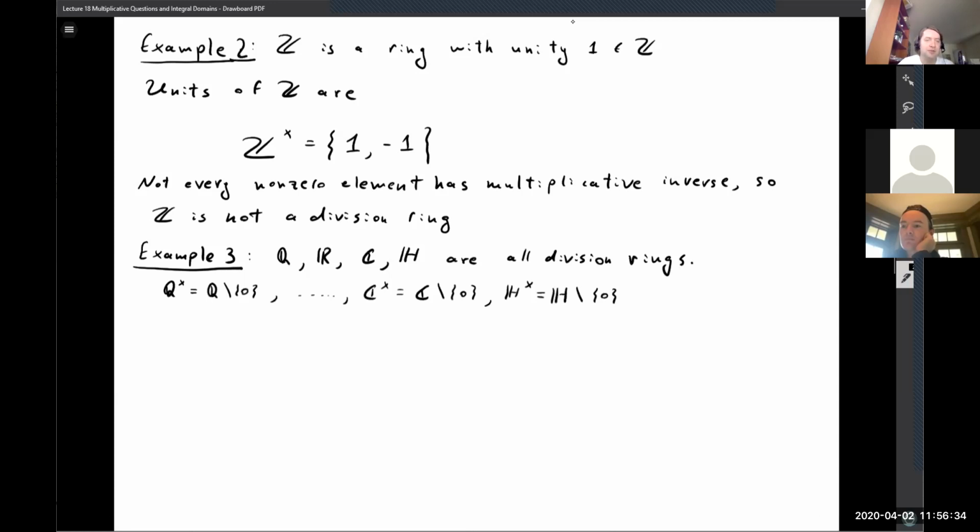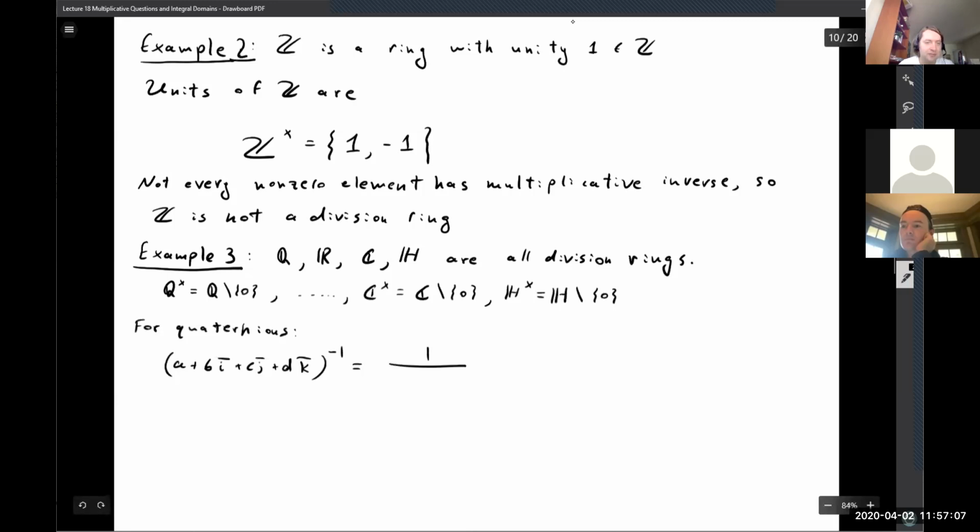So for the first 3 examples, it's kind of obvious. Let me look at quaternions. So suppose we have a plus b times i plus c times j plus d times k, then it will have a multiplicative inverse, which can be calculated as follows.